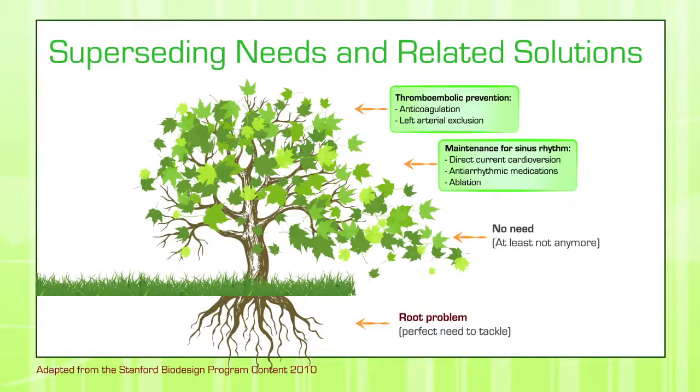It has several branches, which are needs that are very specific to one part of the big problem. Then you have a trunk that could be thought of as the essential needs that you must solve. But at the end of the day, there are always roots to those trees, and that's the place where you want to focus. Because if you cut down one leaf, it's very likely that another is going to come.